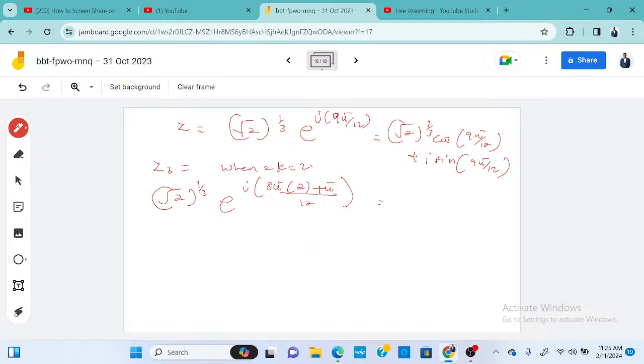And I'll be getting root of 2 all to the power 1 out of 3. Then this side I get 8 times 2 is 16, plus 1, 17. So e to the power i 17 pi on 12. My third root simply becomes square root of 2 all to the power 1 out of 3, cosine of the expression 17 pi on 12 plus i sine of the expression 17 pi on 12.